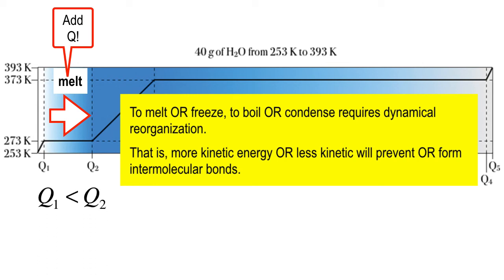And that's because you're going from Q1, which is less than Q2. All right? So you're going to a higher energy state. You're adding energy. If you want to melt it, you have to add energy. And like I said, it takes energy to bust up all those crystalline bonds. All right? And then when you've got the crystalline bonds done, you've got a liquid. But you got to do them all.